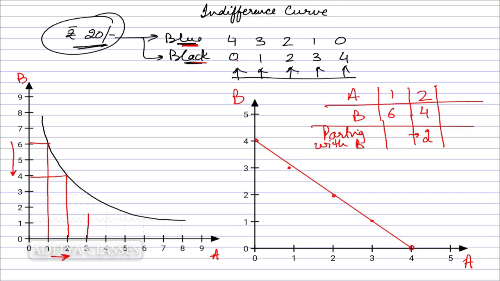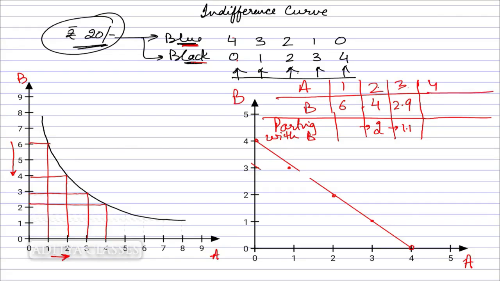Now suppose I wish to increase my tally of A further. This is almost 3 and you can call it 2.9. How much have I parted with? Only 1.1. If I advance further, it becomes 4, and this is almost 2.2.